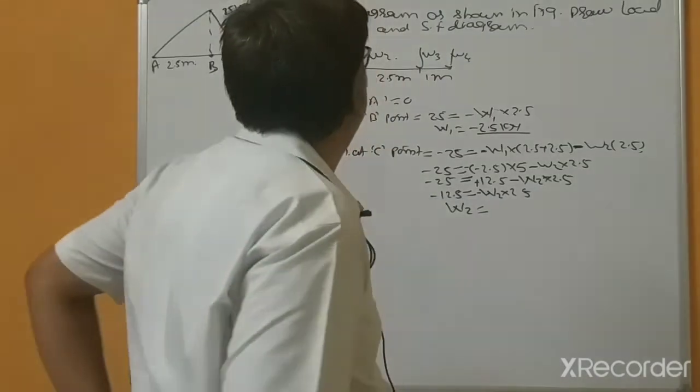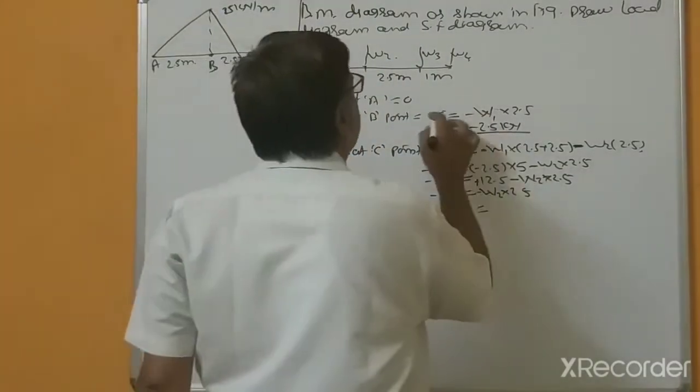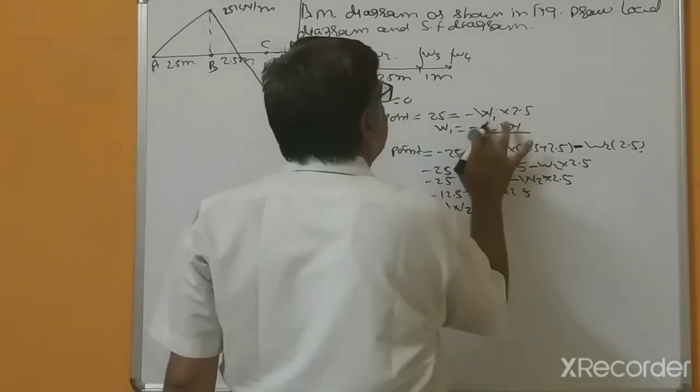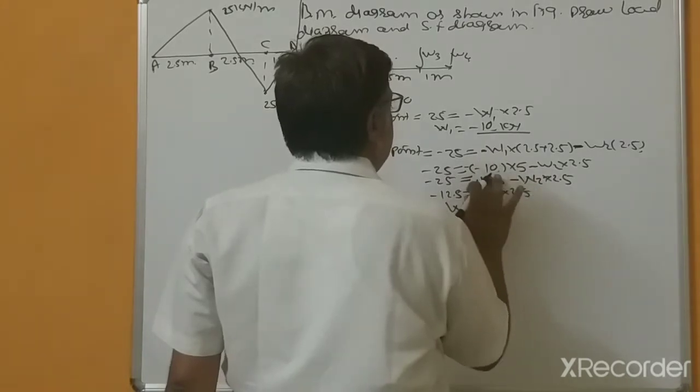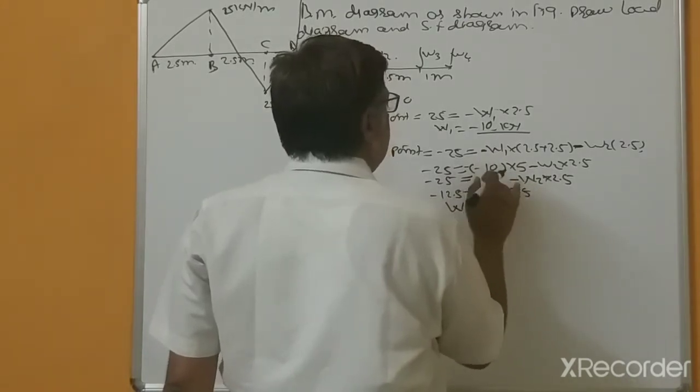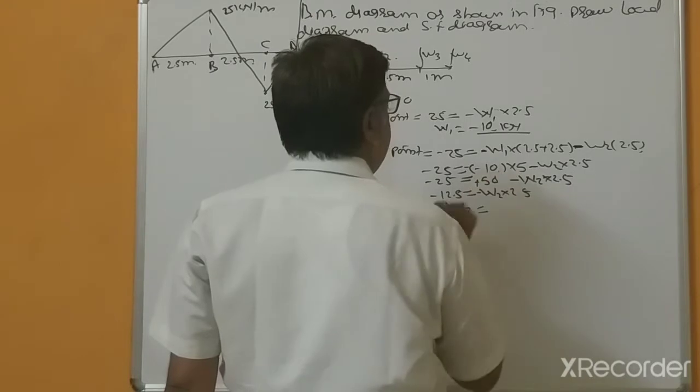W1 equals, we made a mistake here, this is actually 10. So this is 10 and this is plus 50.